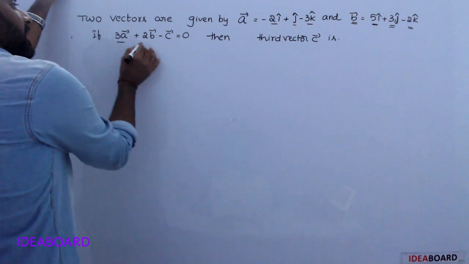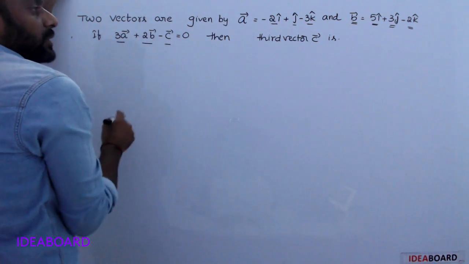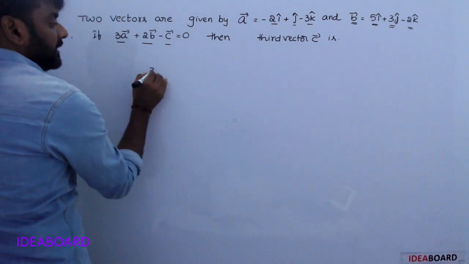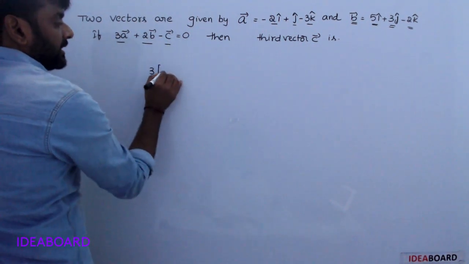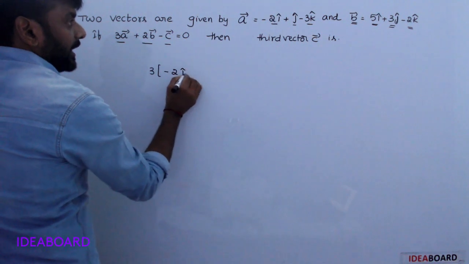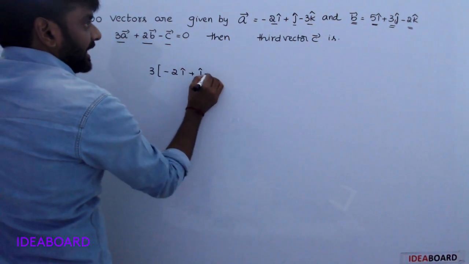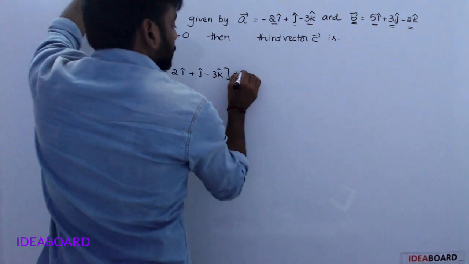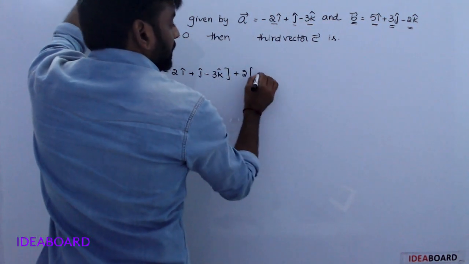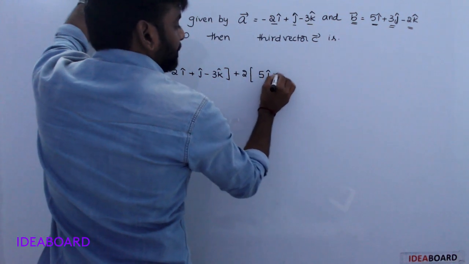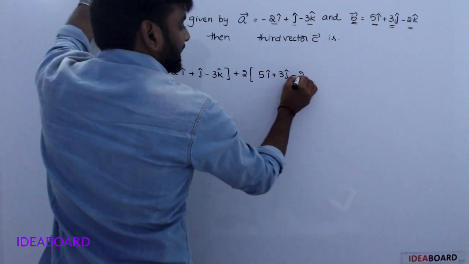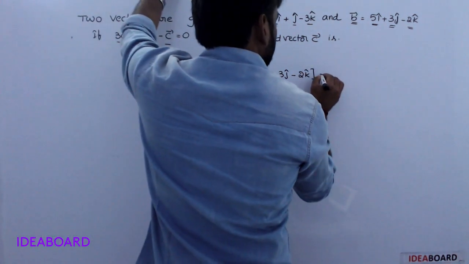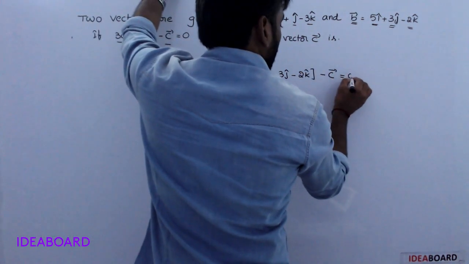If 3a bar plus 2b bar minus c bar equal to 0, then the third vector c bar is, first of all, 3a bar, in the sense, 3 times (minus 2i cap plus j cap minus 3k cap) plus 2b bar, 2 times (5i cap plus 3j cap minus 2k cap), minus c bar is equal to 0.